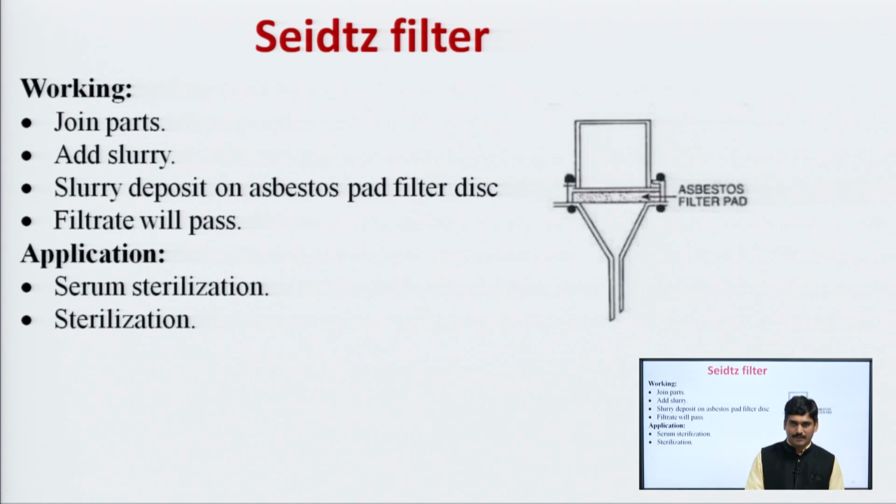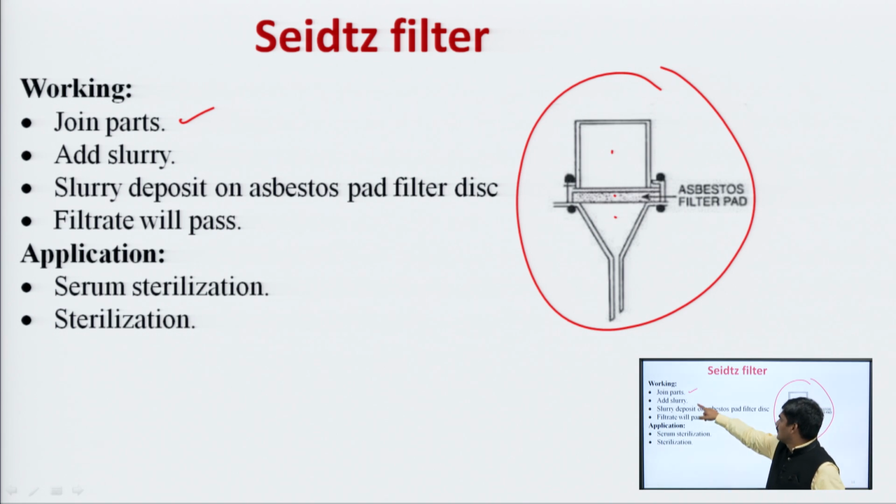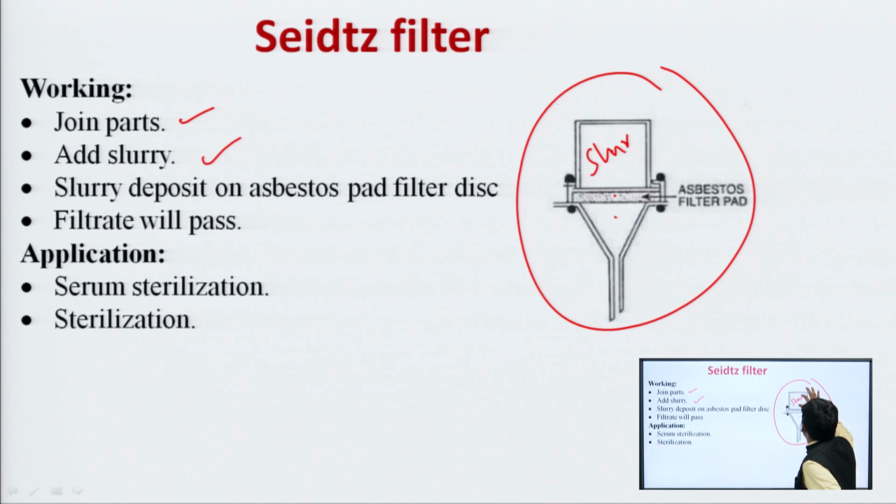Working of Seitz filter, same as explained: join all the parts. First step is to join all the 3 parts, that is first part, second part and third part. Then add slurry here. Okay.